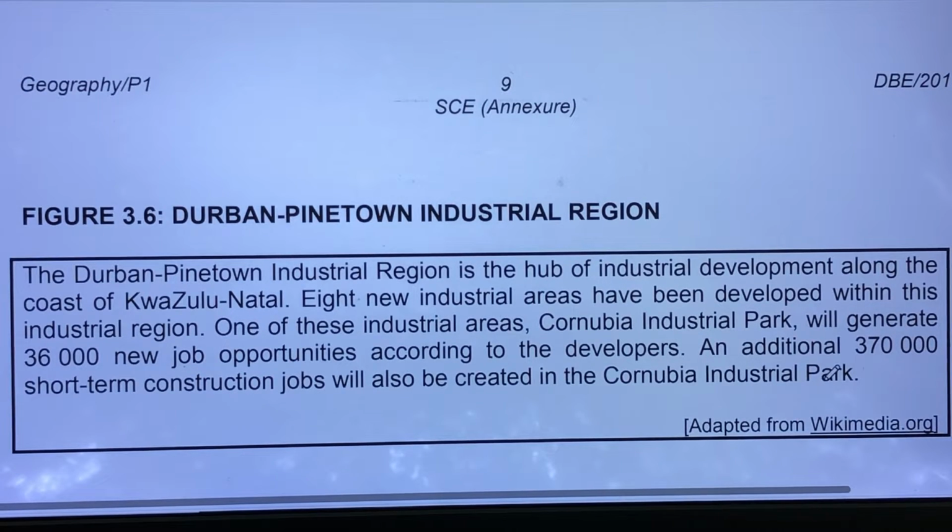An additional 370,000 short-term construction jobs will also be created in the Konobia Industrial Park. You can pause the video and read again if you didn't understand the extract, so that you can understand when answering the questions. Okay, let's move to the questions.